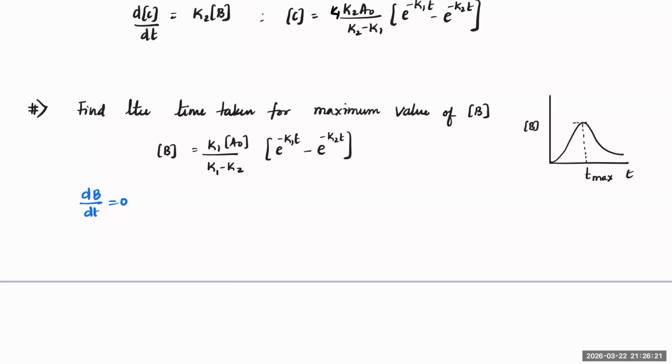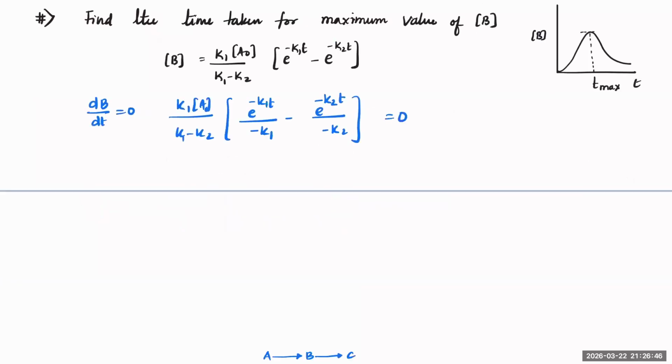I will get K1 A naught by K1 minus K2 into [e raised to power of minus K1 into T by minus K1 plus, sorry, minus e raised to power of minus K2 into T by minus K2]. That should be equal to 0.